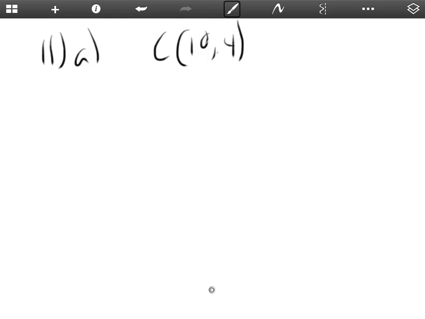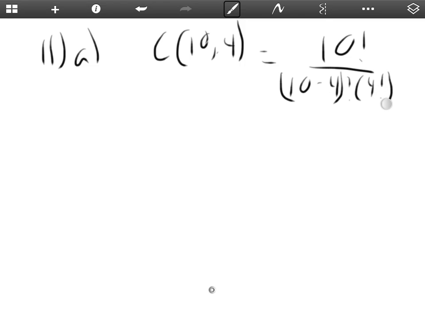And so this is going to be 10 factorial over 10 minus 4 factorial times 4 factorial. The best way to explain this is that order doesn't matter in these bit strings.